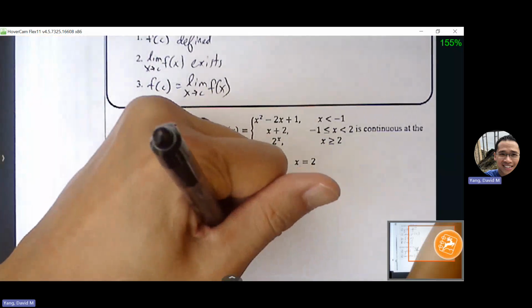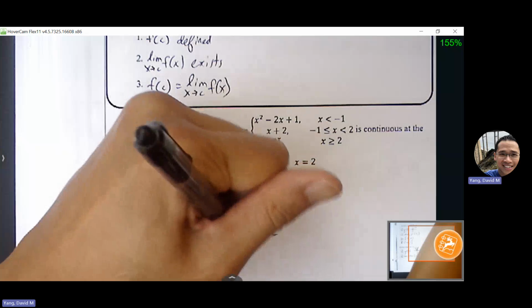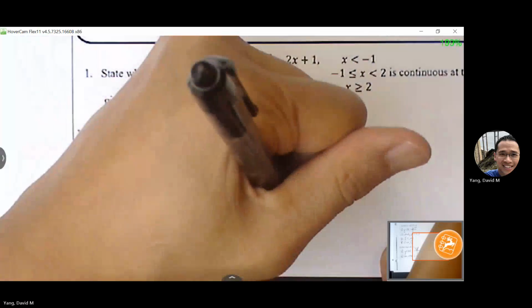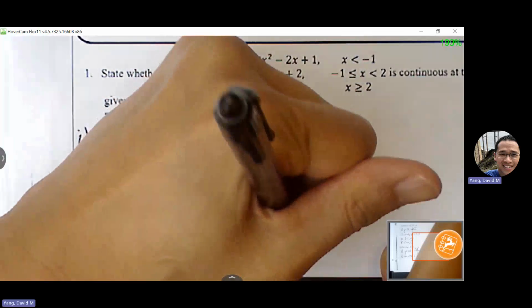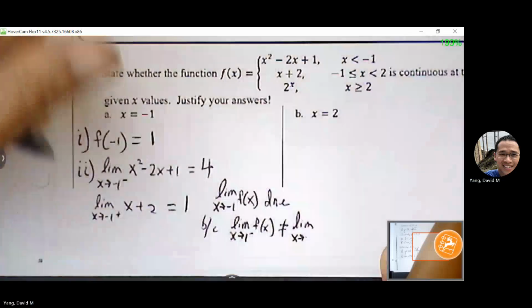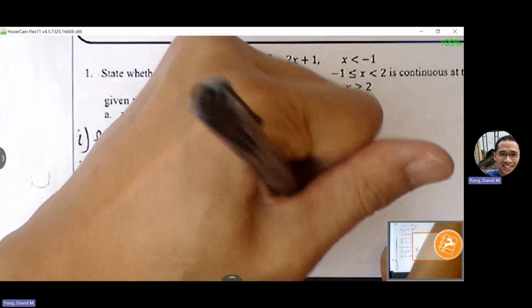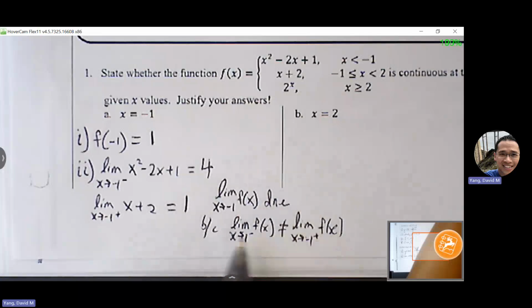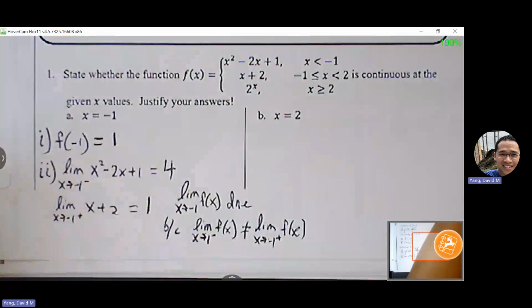Limit as x approaches -1 from the left of f of x does not equal the limit as x approaches -1 from the right of f of x. This is the justification that we're looking for. And because of this, we can say, therefore, the limit doesn't exist.